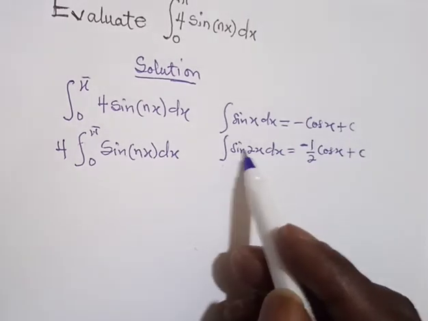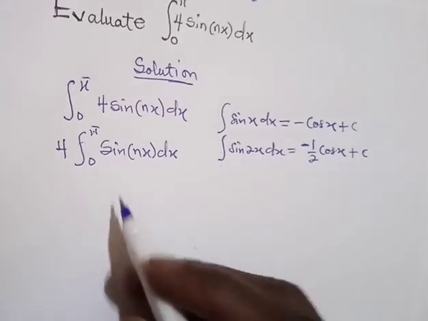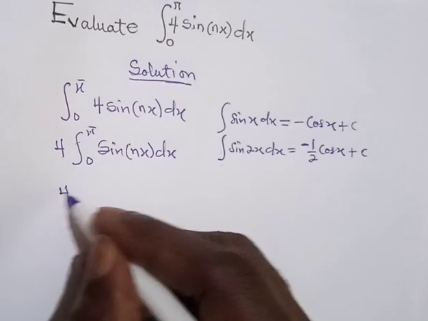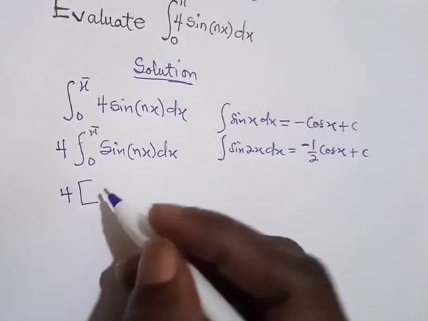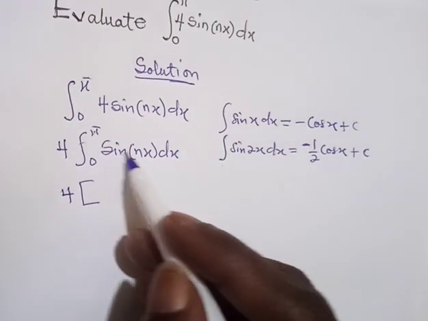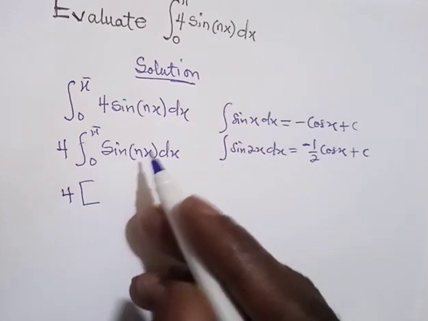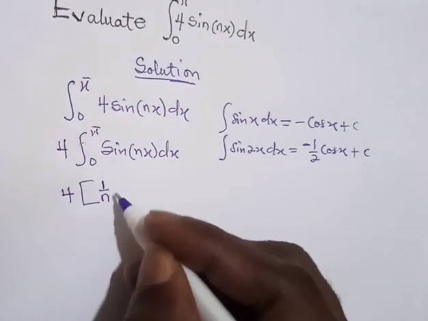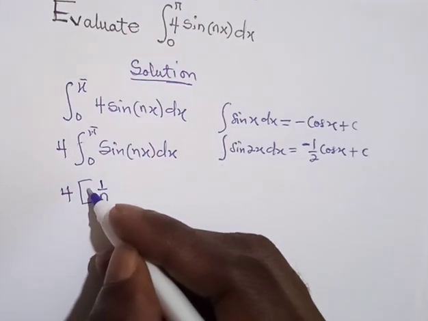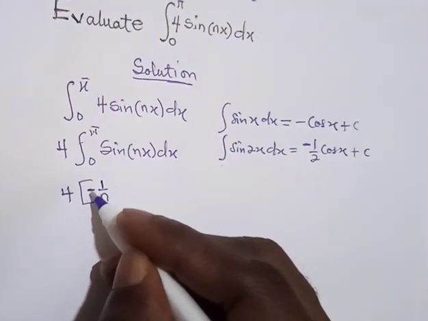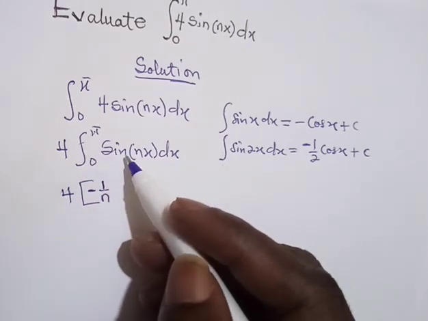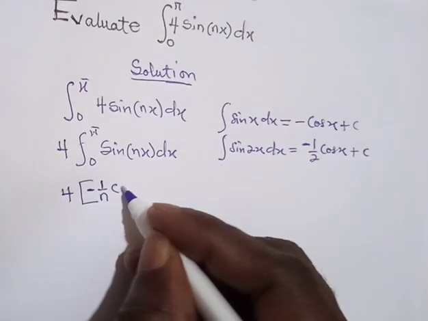So let's apply the same rule here. We are going to have 4 out. Then if we integrate sine nx, we are going to get 1 on n. Because when you integrate sine, you are getting negative cos, so let me bring the negative.